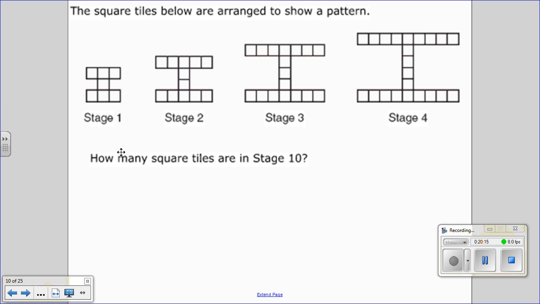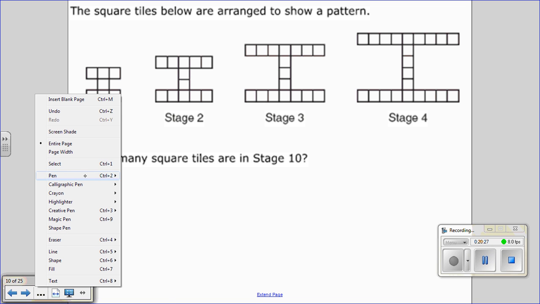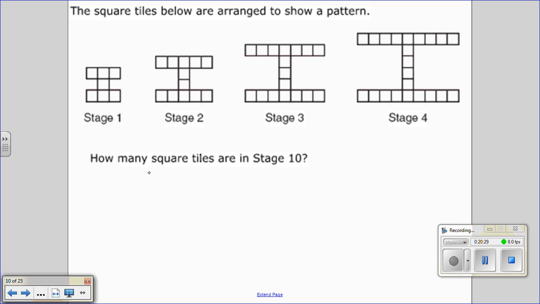Alrighty. This one wants you to find the pattern in the picture and then use that pattern to figure out how many will occur in stage 10. Sometimes this works best if you make a T-chart. So you could have the stage in one column and the number of tiles in another column.